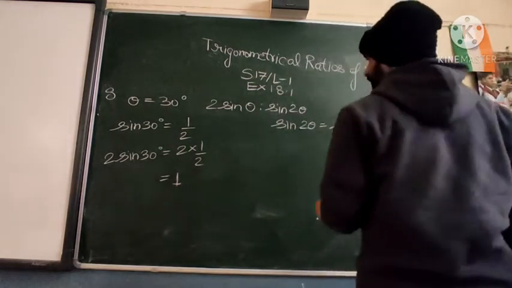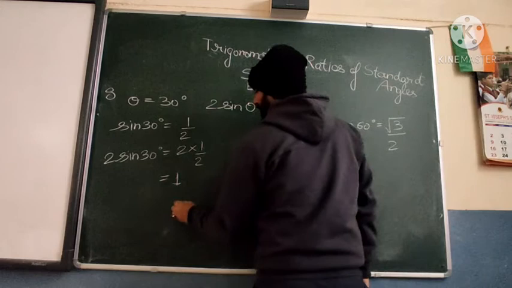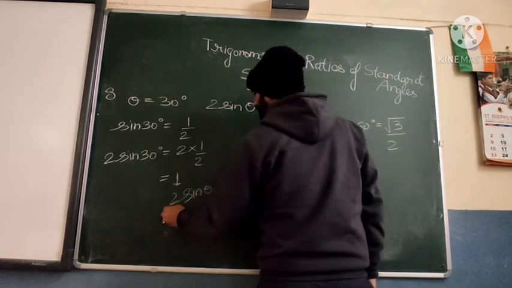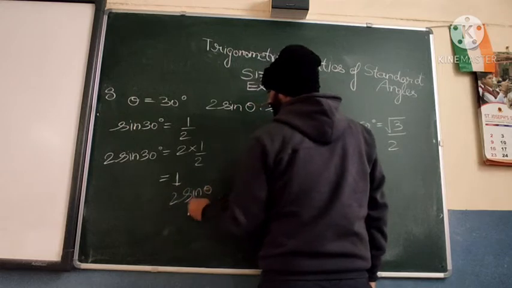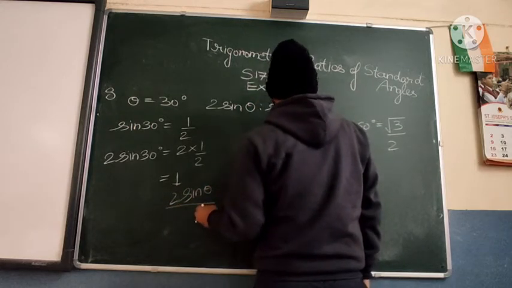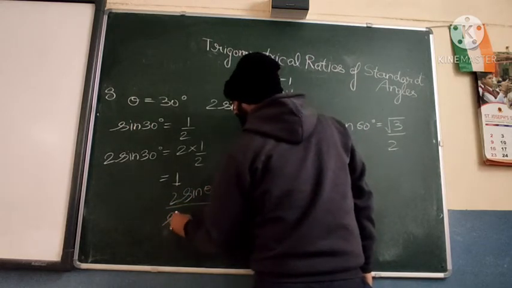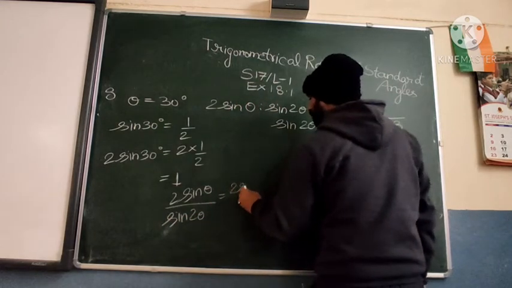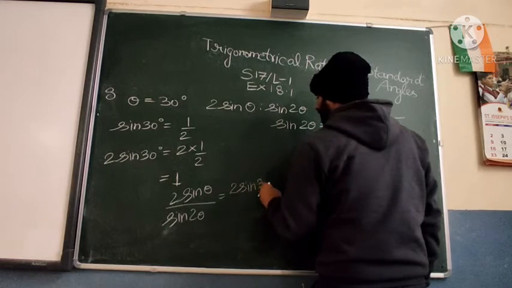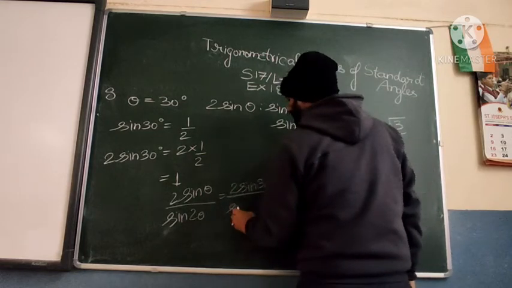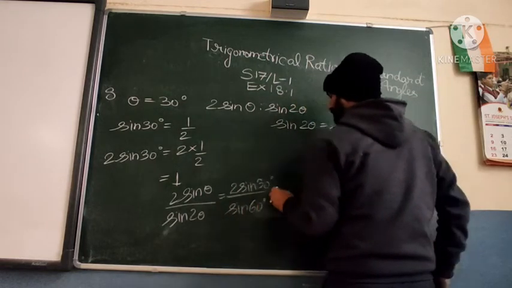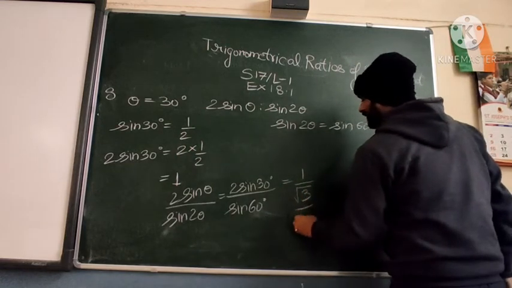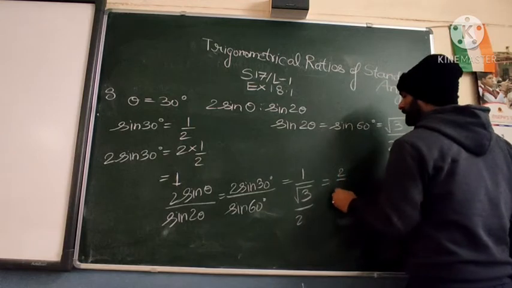Now the question is saying, find the ratio. So 2 sine theta upon sine 2 theta is equal to 2 sine 30 degree upon sine 60 degree, which is equal to 1 upon root 3 by 2, equal to 2 by root 3.